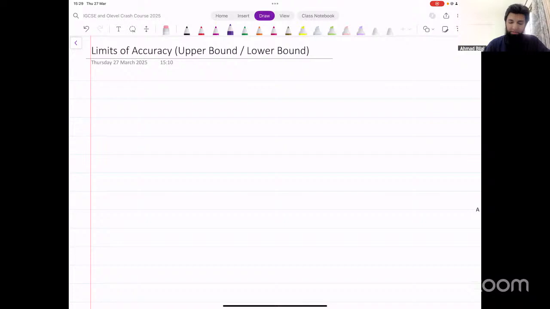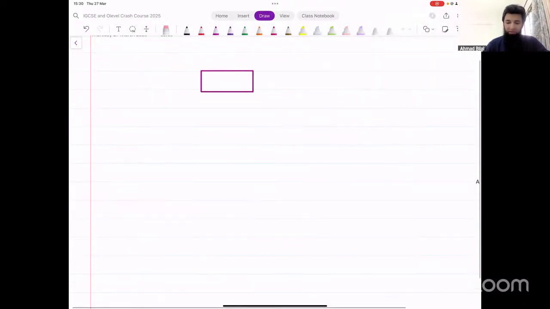Let's take an example. Let's say you have a rectangle that looks like this.